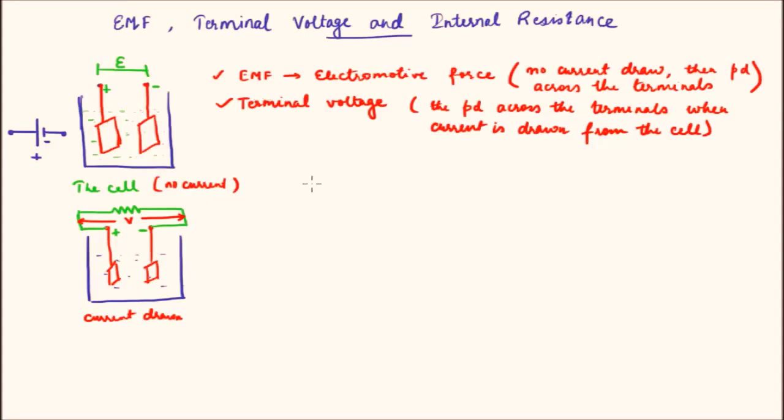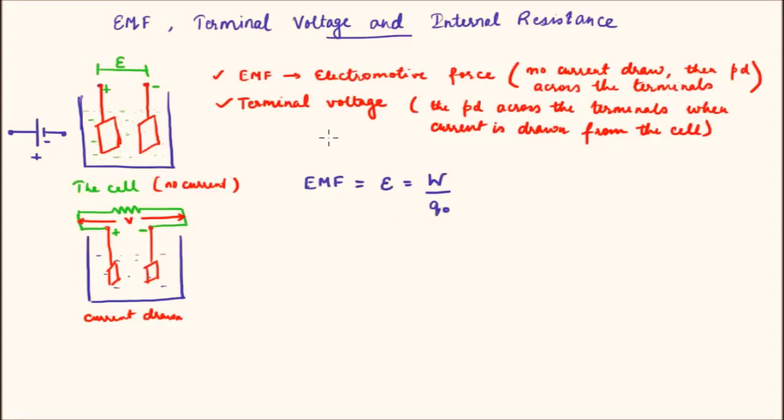Okay, so EMF in terms of work done or energy spent is the amount of energy required to make a positive charge travel through a complete circuit. Therefore, EMF epsilon is defined as, let's say, W amount of work is done to move a Q naught charge, then the EMF is W upon Q naught.